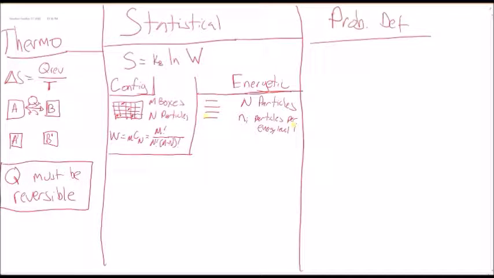So that would mean n0 or n1 here would be 4, n2 would be 2, n3 would be 3, n4 would be 2, for example. And if I wanted to calculate the multiplicity of this system, it is just big N factorial over n1 factorial times n2 factorial, and so on. So the total number of particles factorial divided by the factorial of the number of particles in every energy level.